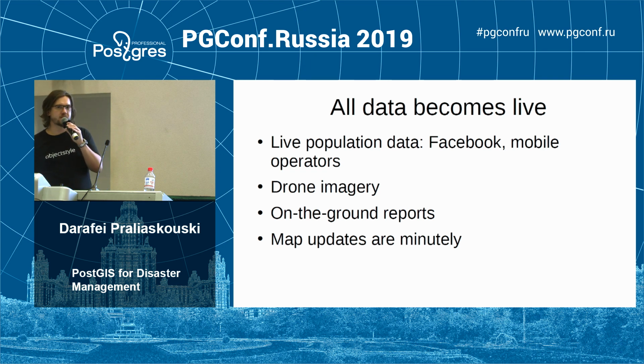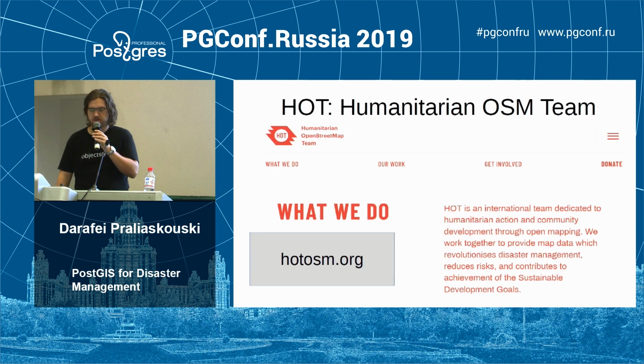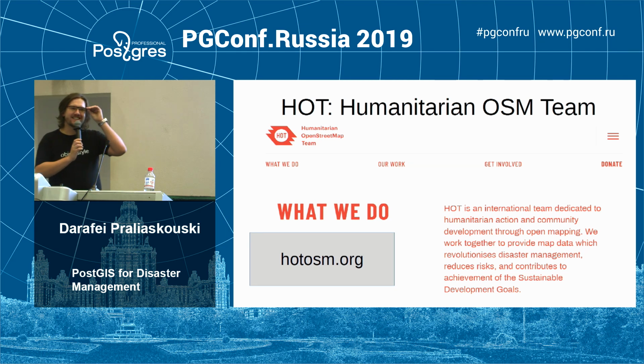And the maps, instead of snapshots, become minute-wise updates. So, for example, in case of emergency, HOT is the organization, and it's not the Postgres HOT update, it's a different HOT. This is the Humanitarian OpenStreetMap Team, an organization that unites volunteers in case of emergency, which happen 20 per day.